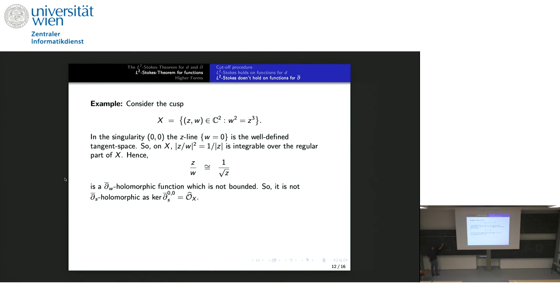If this is the C direction, this is the W direction, then the tangent space of the variety X is similar to C, because the tangent space is just the C line. That's one of the nice things of irreducible curves, that they have a tangent space.